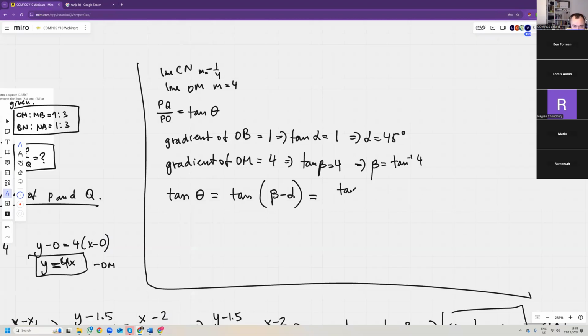So that's tan beta minus tan alpha divided by 1 plus tan alpha times tan beta, which is tan beta, which is 4, minus tan alpha, which is 1, over 1 plus tan alpha, which is 1, times 4, which is 3 over 5.